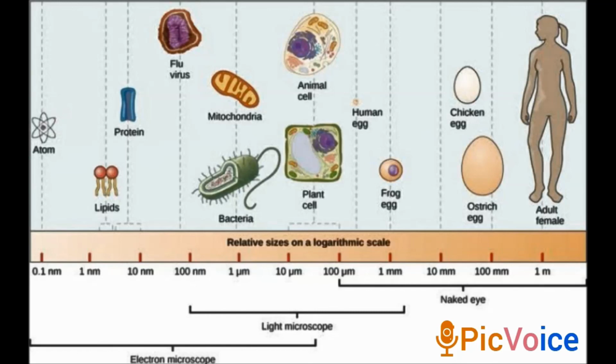So this is about the size of the cell. Most of the cells are microscopic in size. In a bacteria the smallest cell is about 0.1 to 0.5 micrometer, and in the egg of an ostrich the largest cell is 170 mm by 130 mm.